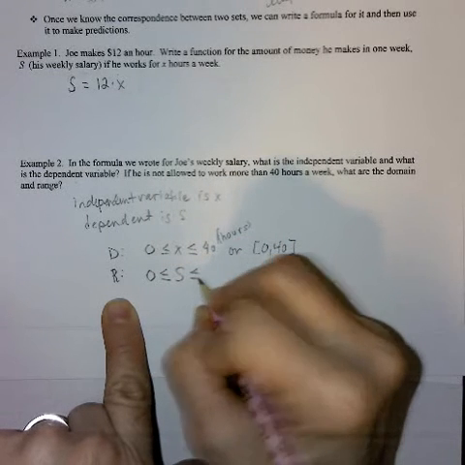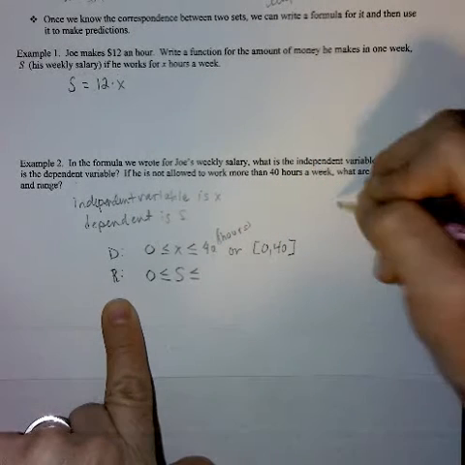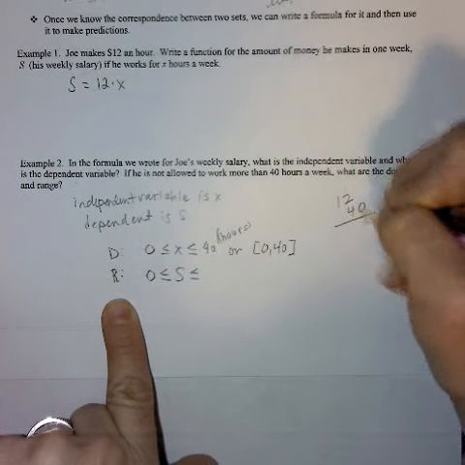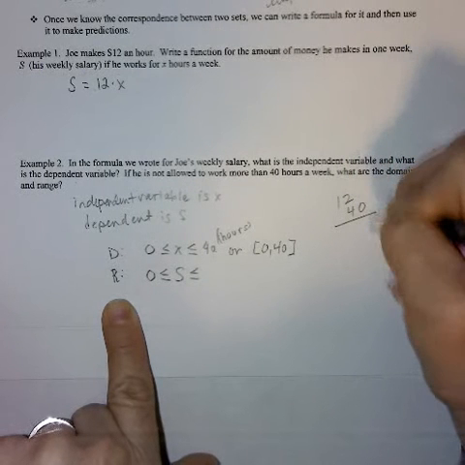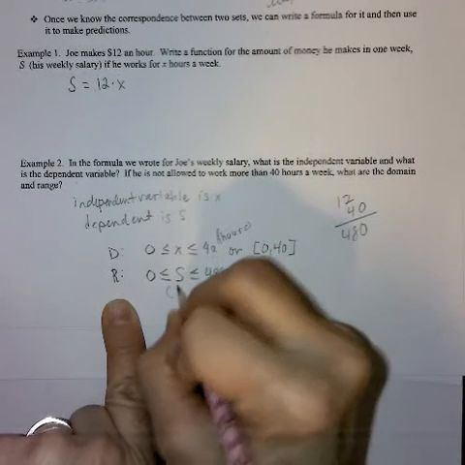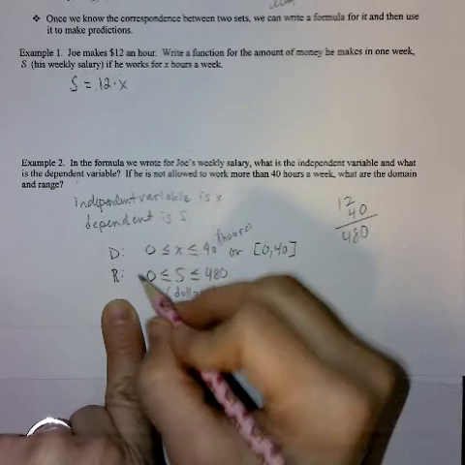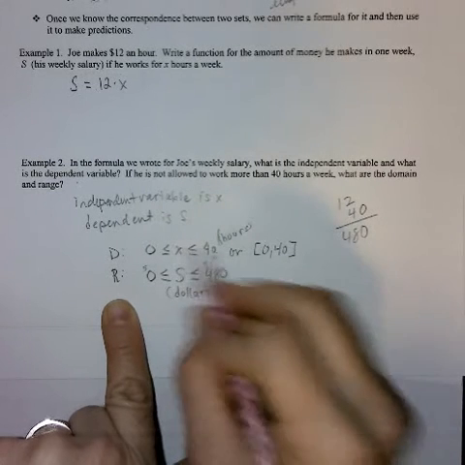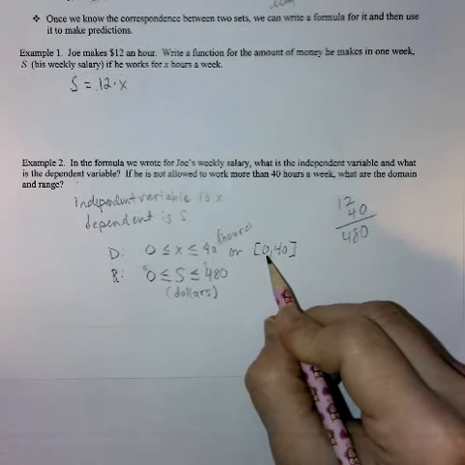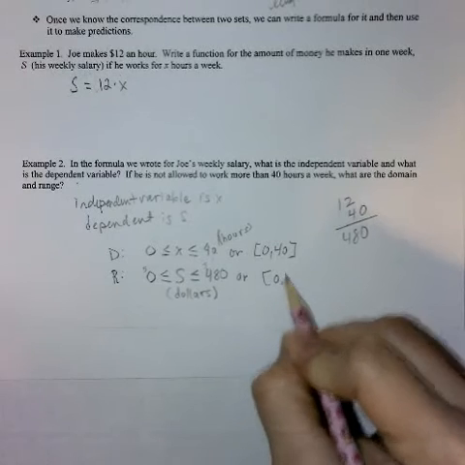And then the most he can make is if he works the 40 hours. So working 40 hours for $12 an hour, that's 480. So 480, this is dollars in this case. You could put dollar signs here if you want, but we usually don't for domain and range. And then the interval notation would be 0 to 480.